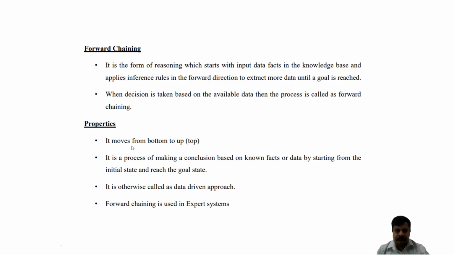Properties of forward chaining: it moves from bottom to up. It is a process of making a conclusion based on known facts or data, by starting from the initial state and reaching the goal state. It is also called a data driven approach. Forward chaining is used in expert systems.